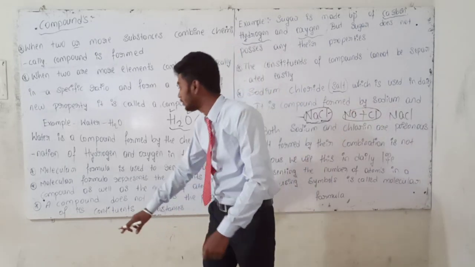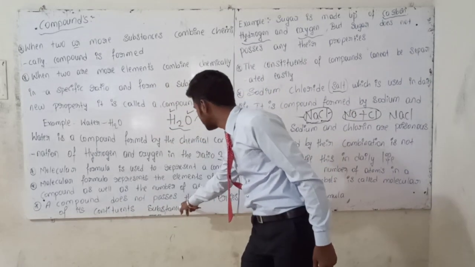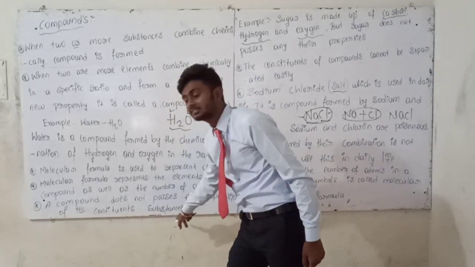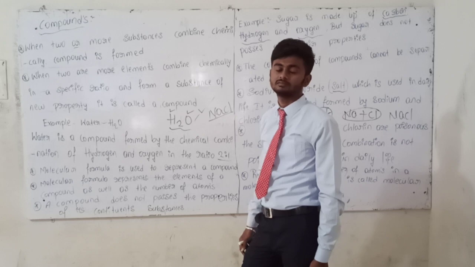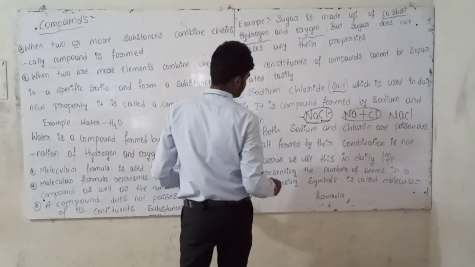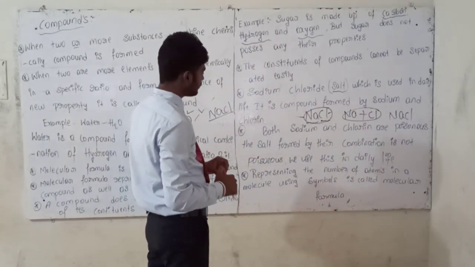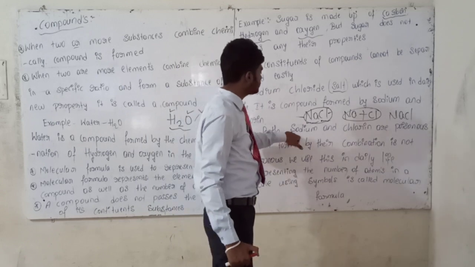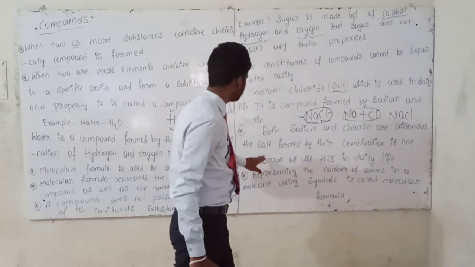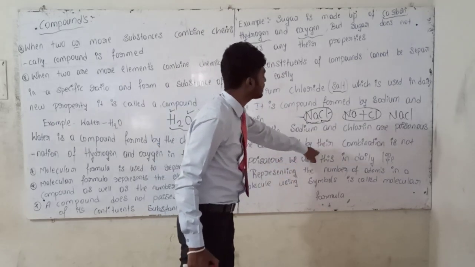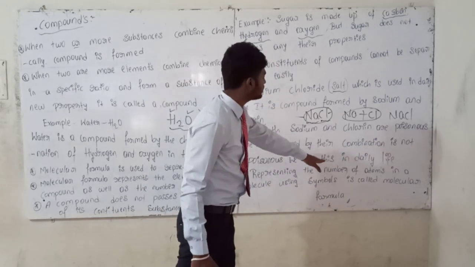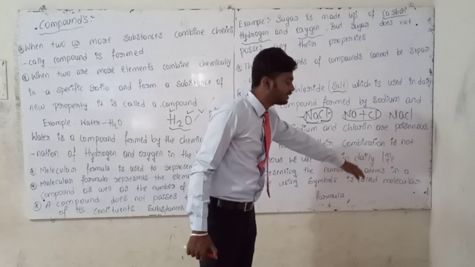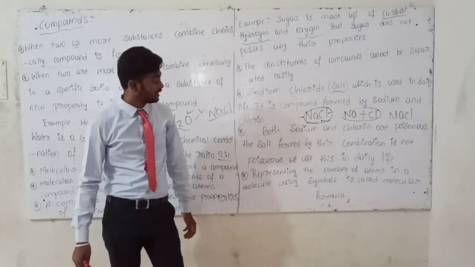I already told you, a compound does not possess the properties of its constituent substances. Both sodium and chlorine are poisonous; the salt formed by their combination is not poisonous. We use this in daily life.